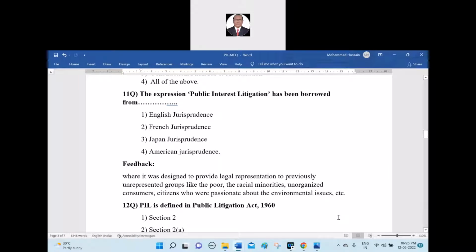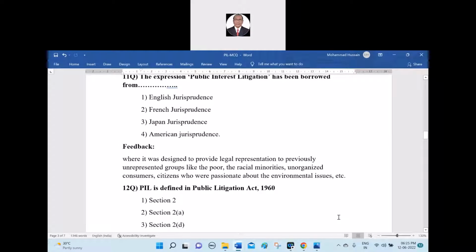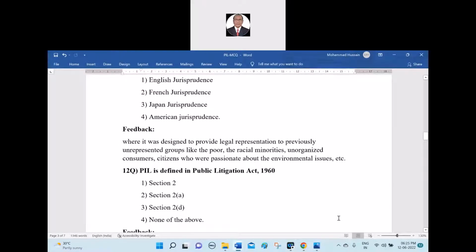PIL is defined in the Public Litigation Act 1960. Number 1, Section 2. Second option, Section 2, Clause A. Third option, Section 2, Clause D. Fourth option, none of the above. None of the above, sir. I fabricated that, thinking to divert your idea.